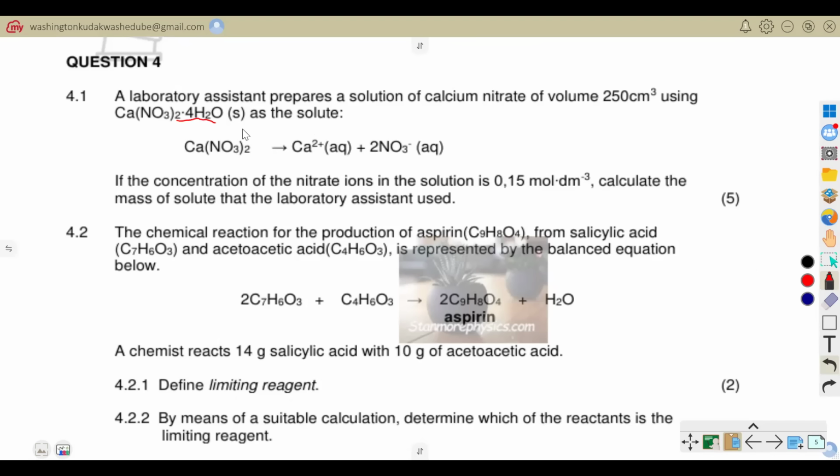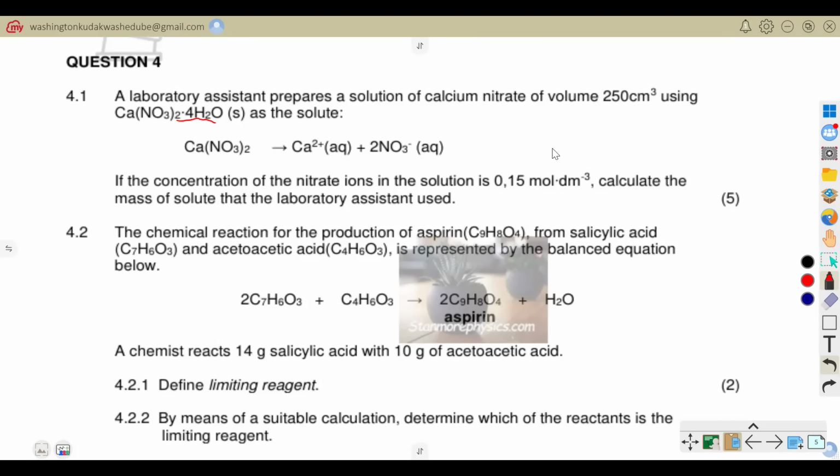Now they are saying that the calcium nitrate solution would have calcium 2 plus ions as well as nitrate ions. If the concentration of nitrate ions in that solution is 0.15 moles per decimeter cubed, calculate the mass of solute that the laboratory assistant used.